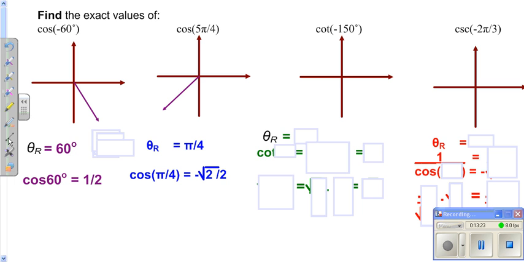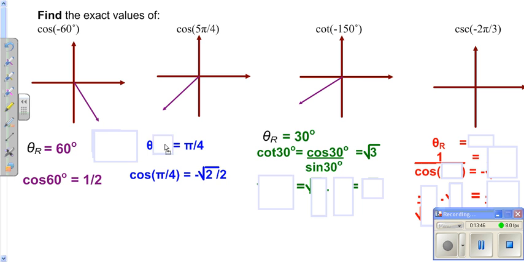Cotangent of negative 150. Negative 150 starts here, rotates down, puts you over here. Your reference angle then would be 30 degrees because you're 30 below your axis. Cotangent of 30. Well, you're supposed to have the tangent of 30 memorized, or the sine over cosine memorized.